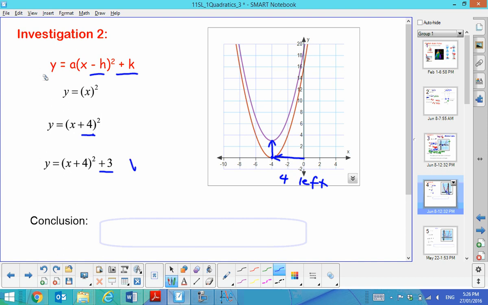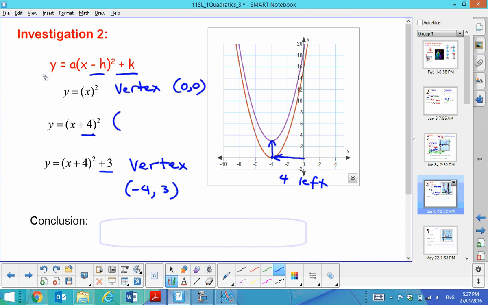So our vertex is now at -4, plus 3. Our vertex for this one, do you remember? That was at 0, 0.